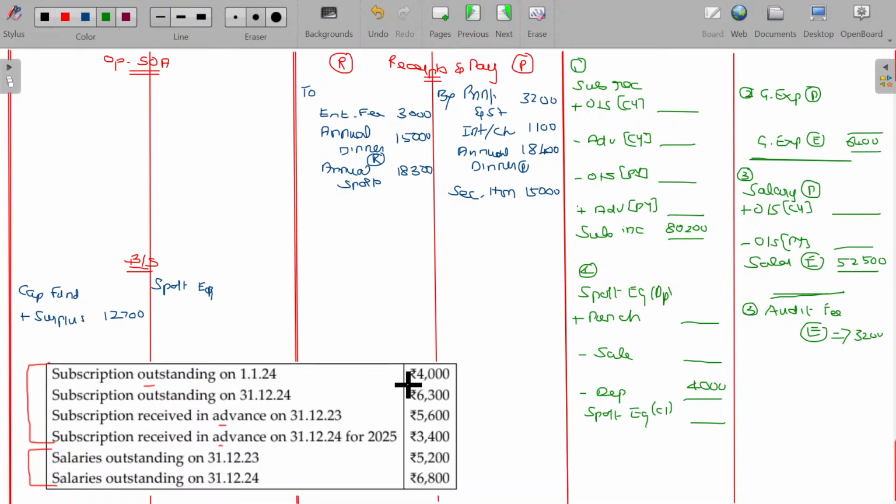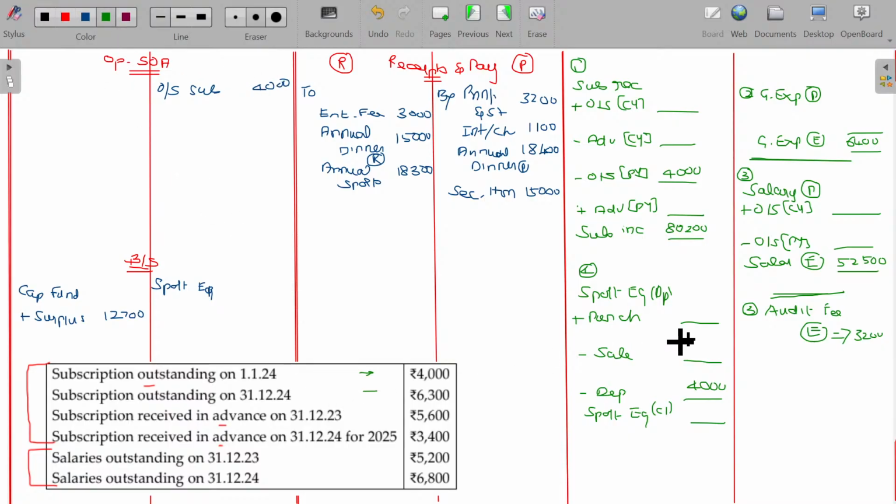Subscription outstanding in the beginning, 4,000 rupees. This is opening outstanding. Previous year outstanding 4,000 should be posted twice. Here, another one being in the previous year balance sheet, as it's income receivable, it may be an asset. So outstanding subscription, this value being 4,000.